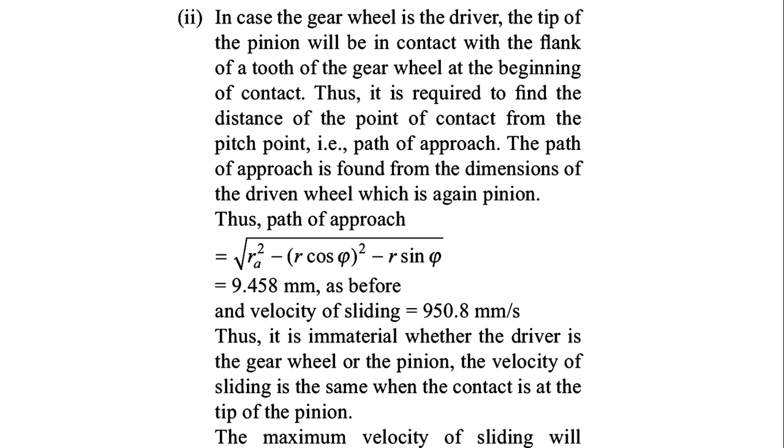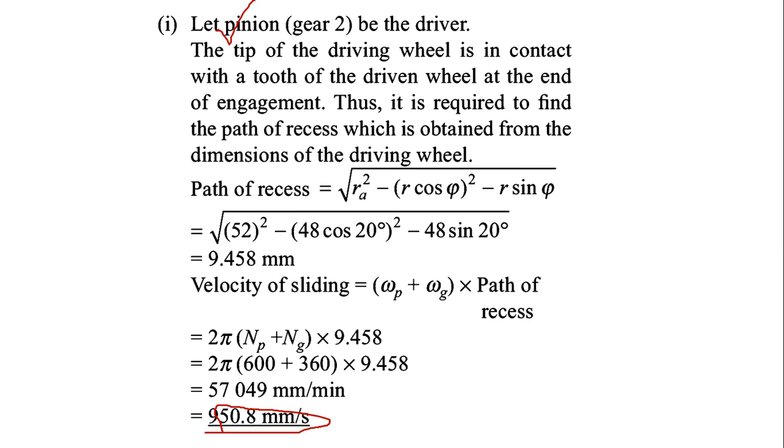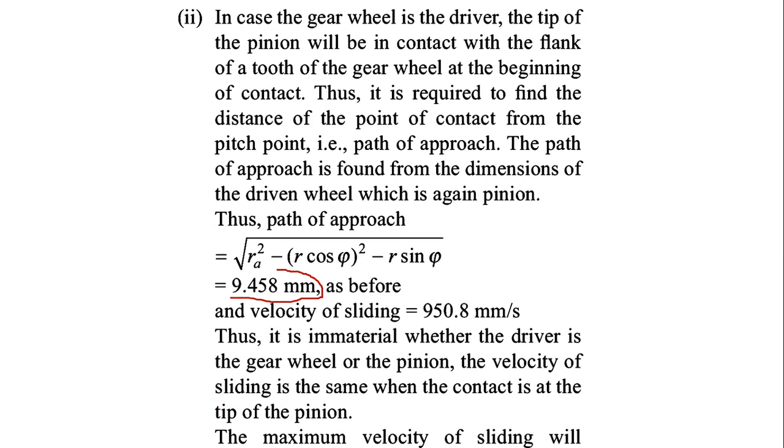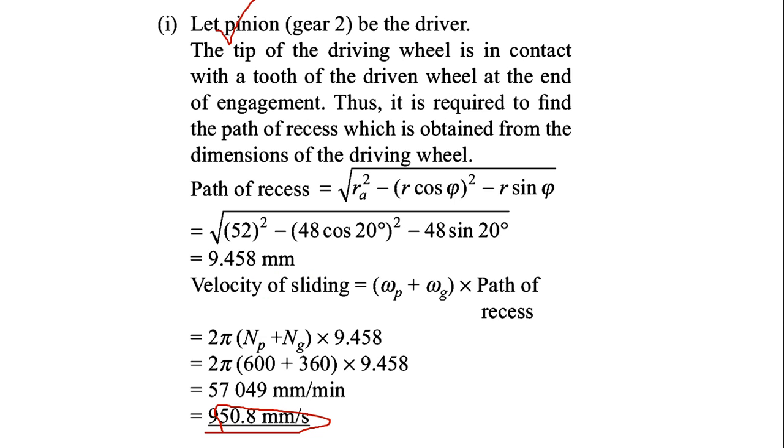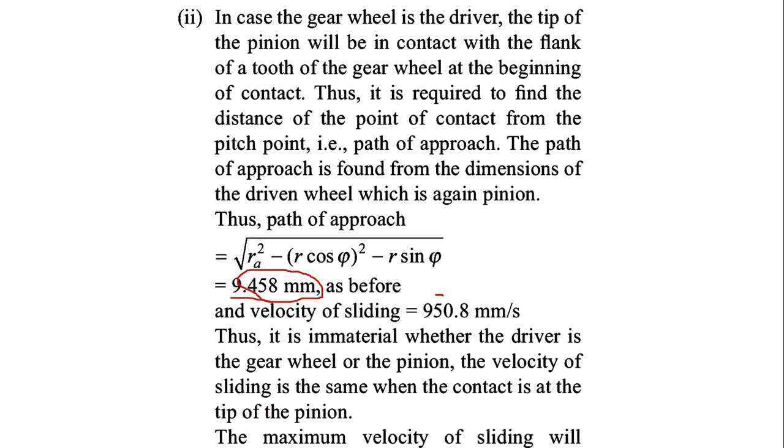So the path of approach will be the same, 9.458 only. So the velocity of sliding will be the same value, 950.8 millimeter per second. Thus it is immaterial whether the driver is the gear wheel or the pinion. The velocity of sliding is the same when the contact is at the tip of the pinion.